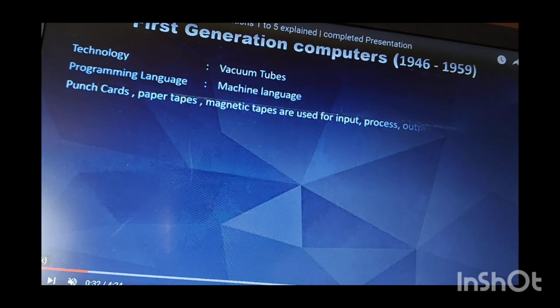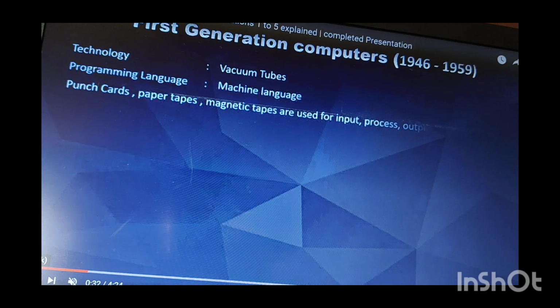The programming language used in that type of machine was machine language. Actually there are three types of language: machine language, assembly language, and high-level programming language. In the first generation, machine language was used.